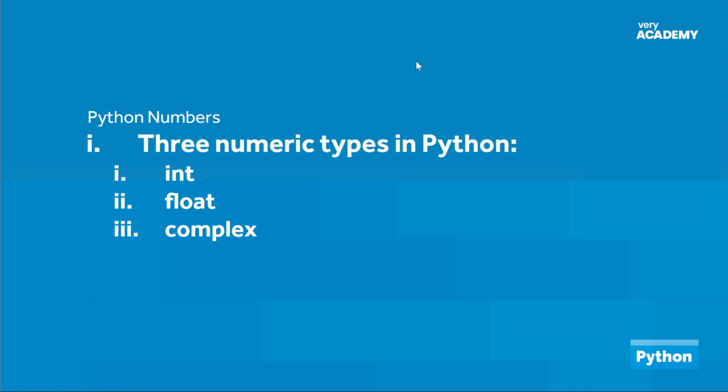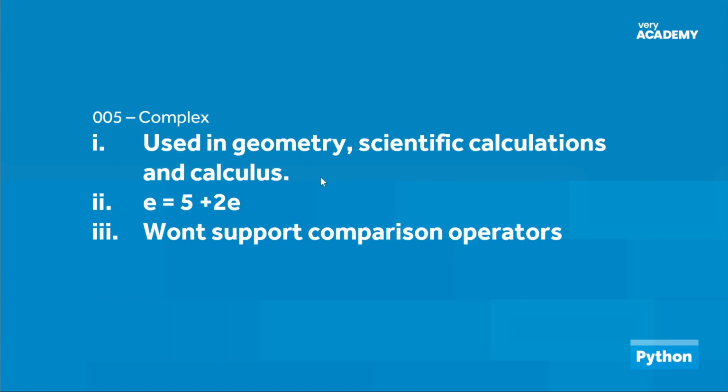We do have a third type, which I haven't introduced so far in this course, and we won't be utilizing it on this course, but let's just take a quick look here. So complex. We might utilize a complex type for mathematics related to geometry, scientific calculations, and calculus, for example. An example here, e equals 5 plus 2e.